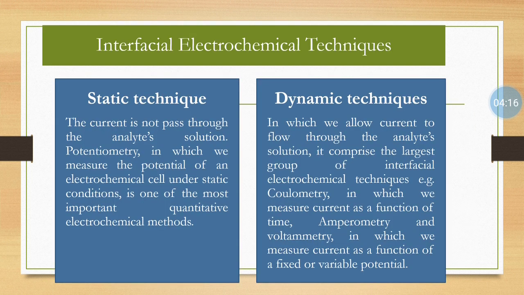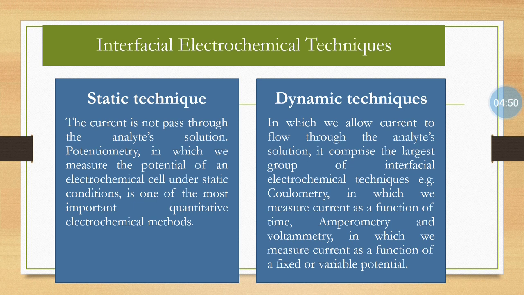Interfacial electrochemical technique is further subdivided into two parts. One is known as static technique and the other is known as dynamic techniques. Static technique includes only potentiometry, in which the current is not passed through the analyte's solution and in which we measure the potential of an electrochemical cell under static conditions.